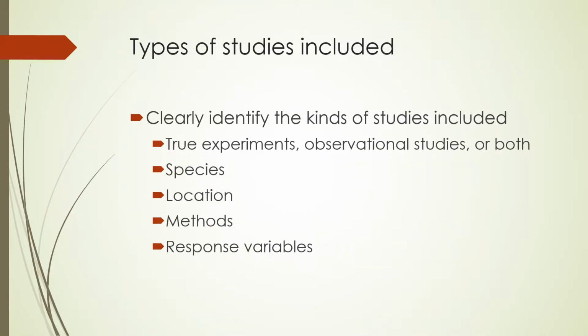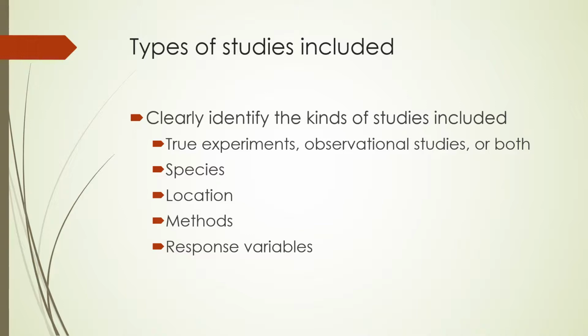Next step is what type of studies are being included in the meta-analysis. And again, for all of this, transparency is the real key, because as long as you tell people what you did and how you did it, then they can go back, maybe review it and do something different, or at least they know exactly what the source of information is that's being used in the meta-analysis.